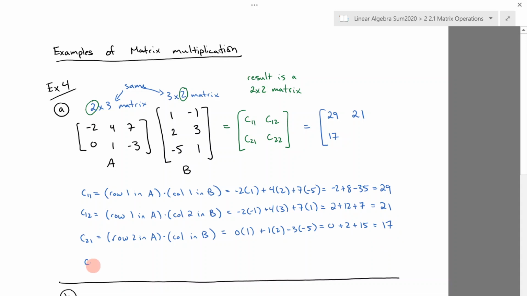And then next is C22. That's row 2 in A, dot with column 2 in B. So this row times this column: 0 times -1 plus 1 times 3 minus 3 times 1. This is 0 plus 3 minus 3, which equals 0.